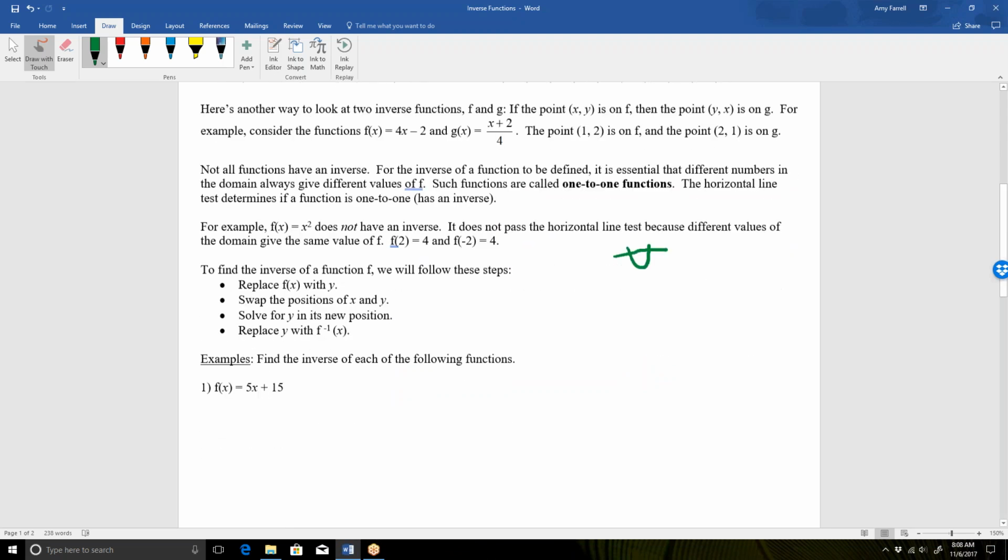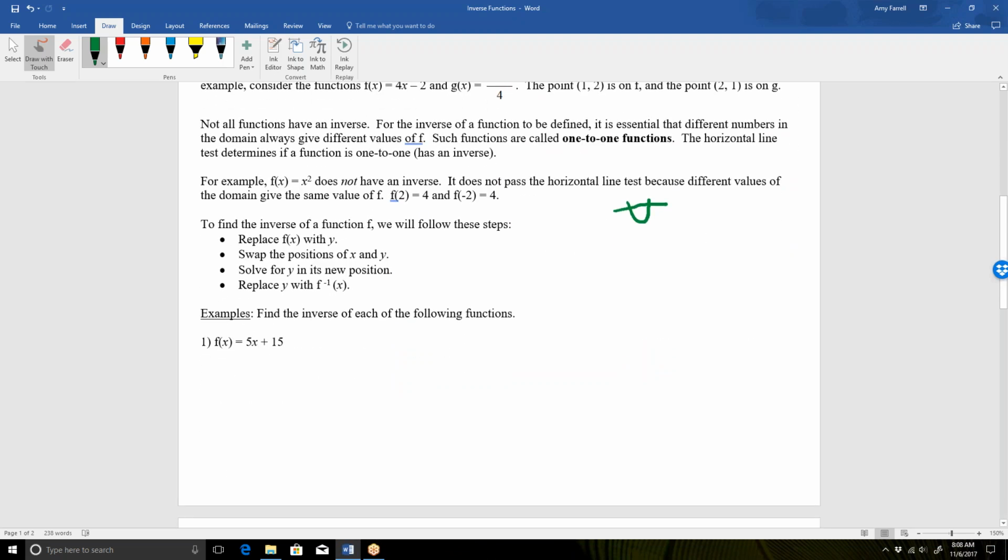Okay, so here is the process that we're going to follow to find an inverse function. We're first going to replace f of x with y. This is just going to help us with the next step where we're going to swap the positions of x and y. You could keep it as f of x, but it's tough to switch the positions of x and f of x.